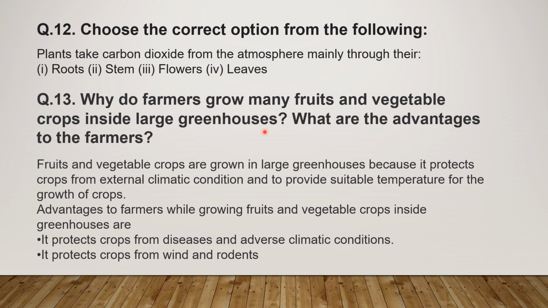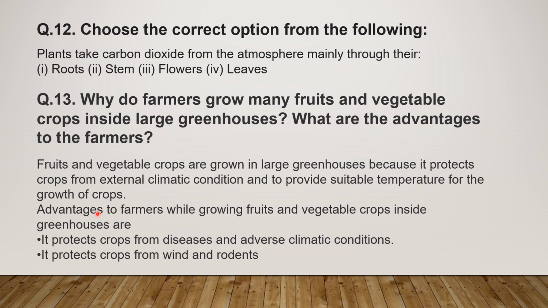Fruits and vegetable crops are grown in large greenhouses because it protects crops from external climatic conditions and provides a suitable temperature for the growth of crops. Climatic conditions can be windy or rainy, so under these greenhouses the plants get a suitable temperature.